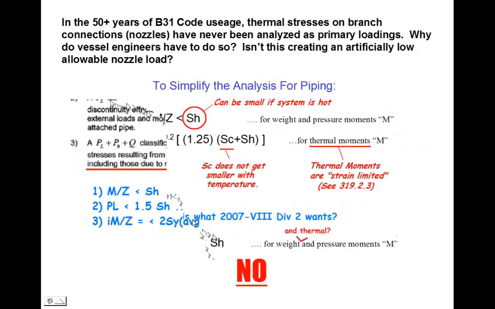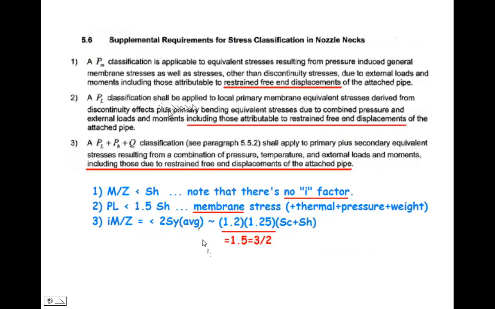What it says is that the PL classification, which is the local membrane stress. So item 1 here is the M over Z, which is the beam bending stress, no stress intensification factor, has got to be less than SH. The PL, which is the local membrane stress, has got to be less than 1.5 SH. And this includes thermal now, which it didn't for a lot of analyses before.